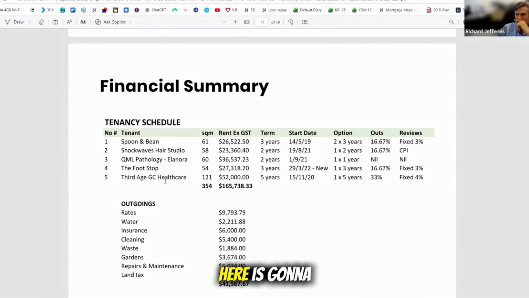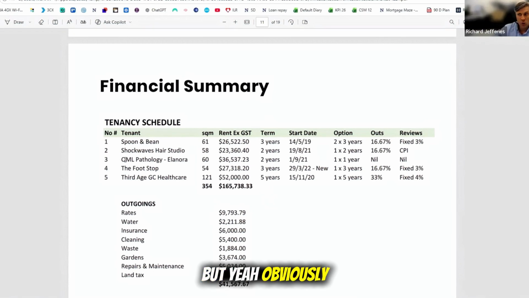So this tenant here is going to have a bigger contribution on that WALE, that weighted average lease expiry, being that they're paying $52,000 a year, than the smaller tenancy would of 2 years. So it might fall at 3.5 years or something of that nature.